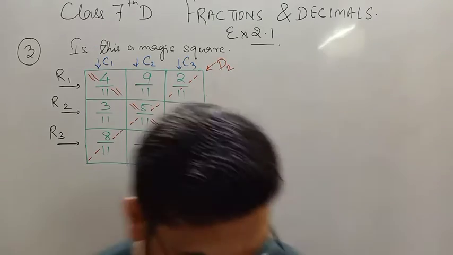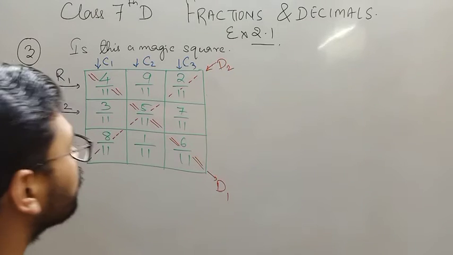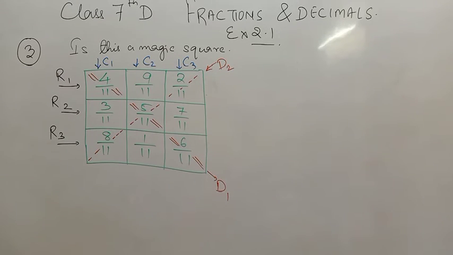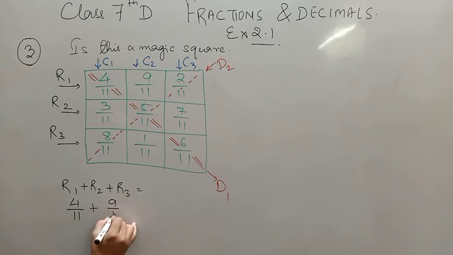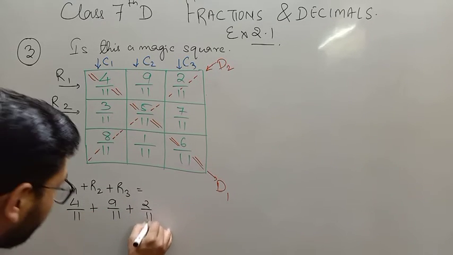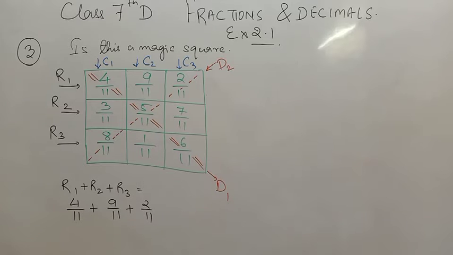How? I'll explain you. First, let's say I'll take R1. So 4 upon 11 plus 9 upon 11 plus 2 upon 11. Is this visible? Okay.